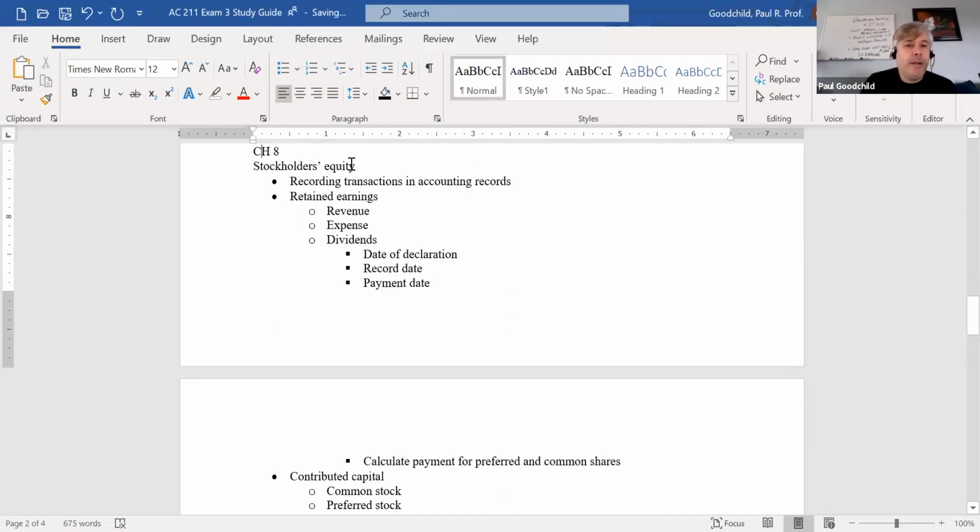Okay, so now chapter 8 is on stockholders' equity. You have to be familiar with recording the transactions in accounting records. We have retained earnings, which has revenue, expense, and dividends. The 3 important dates for the dividends: the date of declaration becomes a liability.